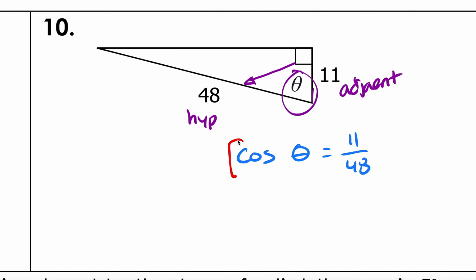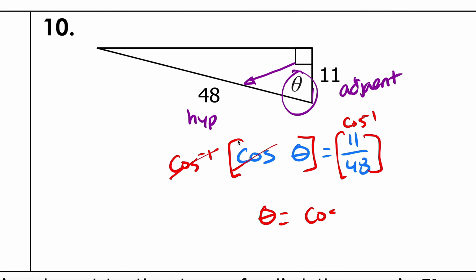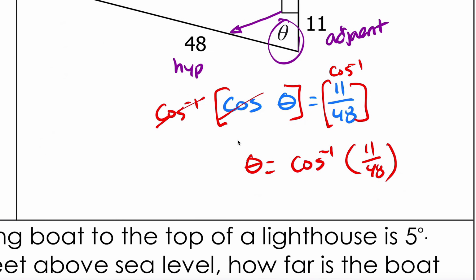And again, I want to get rid of that cosine, so I find the inverse cosine of both sides. These cancel. So theta equals the inverse cosine of 11 over 48. And if I punch that into my calculator, I get 76.75.